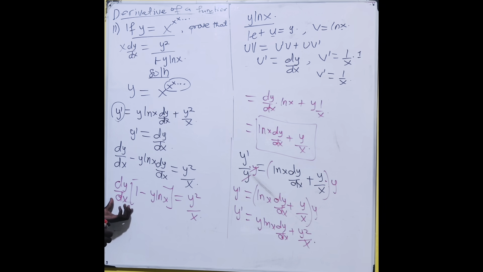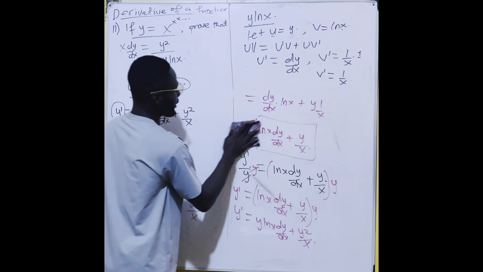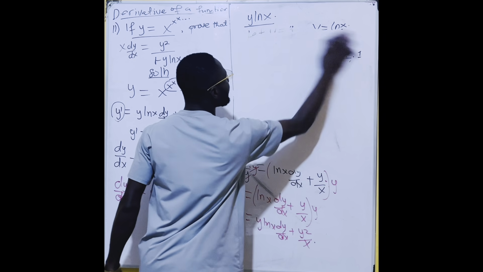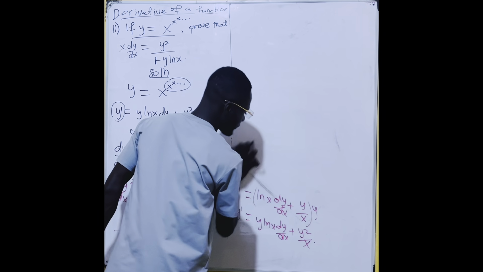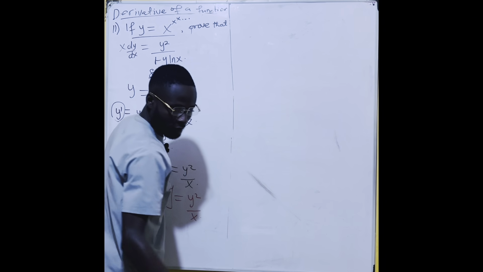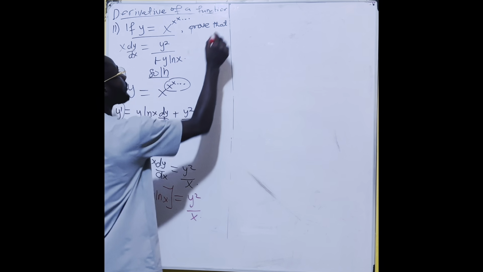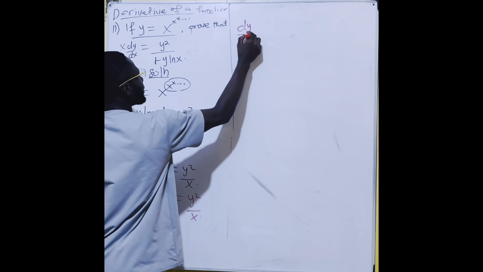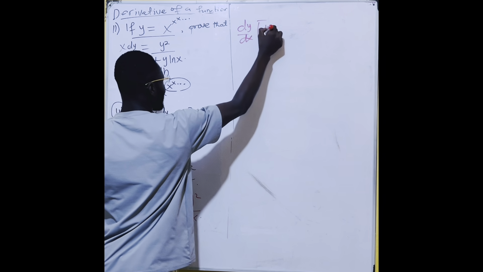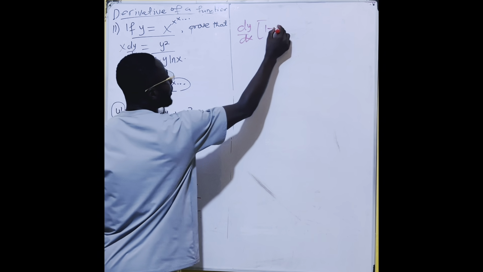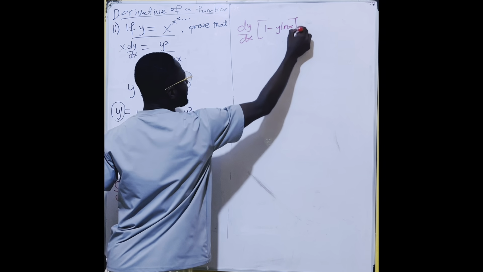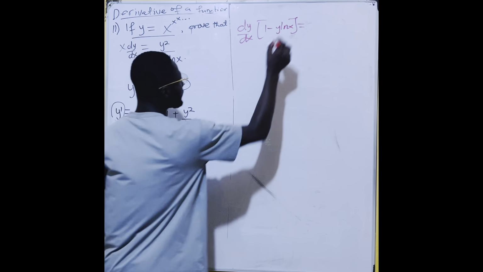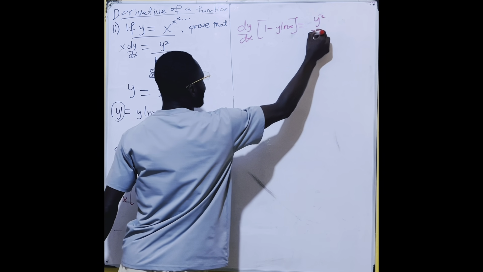So we need to make dy/dx the subject, but there is this fraction that we can try to avoid, so that we can have dy/dx into 1 minus y ln x equals y squared over x.